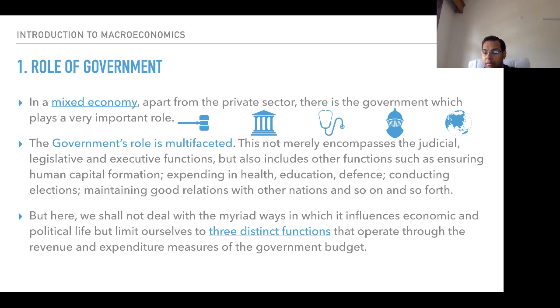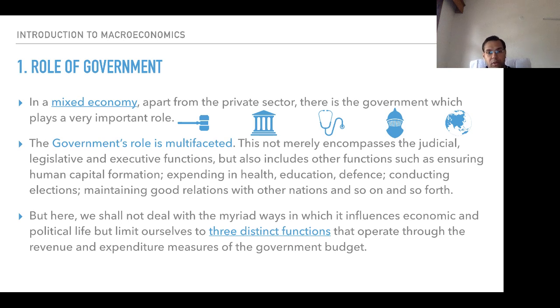Government is providing all the services in a proper fashion, making sure that people have access to everything, or international relations, all these things are provided by the government. There are three distinct functions of the government. The operation is through the revenue and expenditure measures of the government budget.